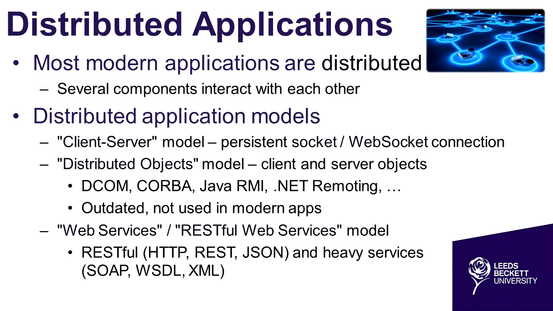All these solutions pretty much do the same in that they enable communication between different distributed programs. Also, one thing which is common among all these is that they are all on the decline, because they are not fit for purpose for modern cloud-based applications.